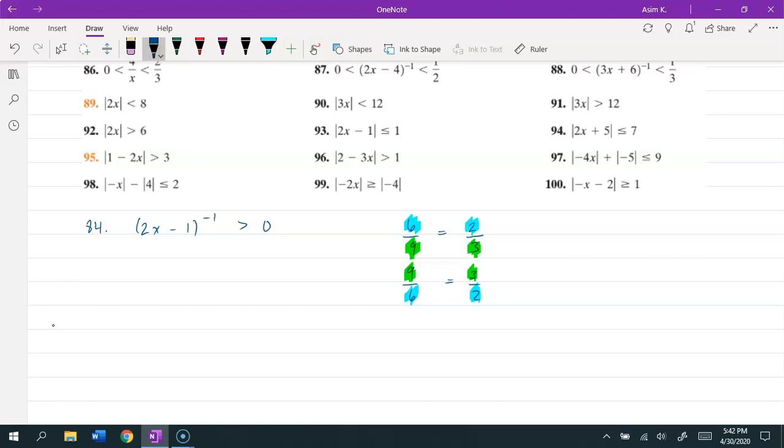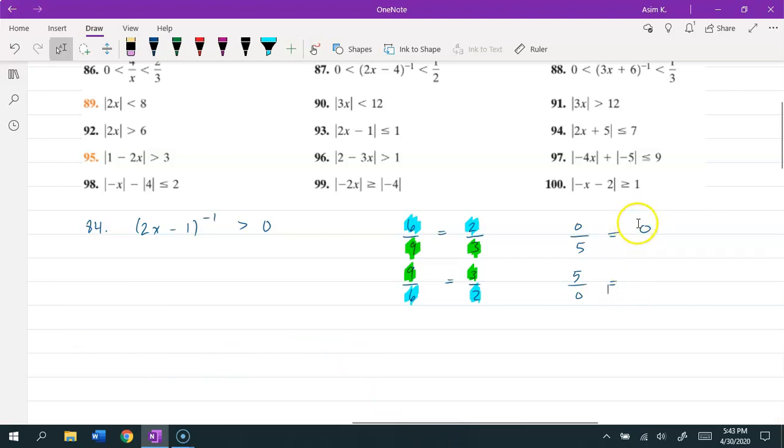Well, here's the thing. If I were to tell you that you have 0/5, what is that equal to? That is equal to 0. 0/5 is equal to 0. Well then, if I were to flip 0/5 and make it 5/0, the question is, what does this become?